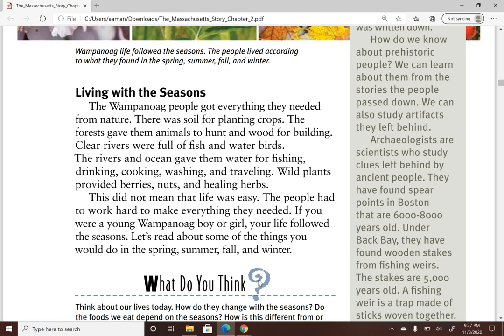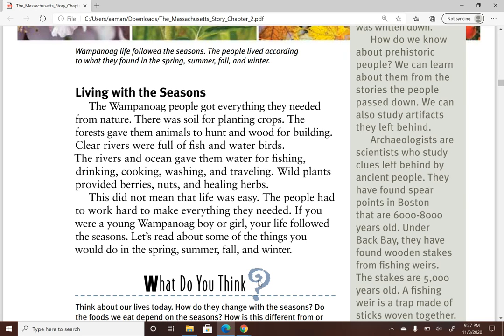Living with the Seasons. The Wampanoag people got everything they needed from nature. There was soil for planting crops, the forest gave them animals to hunt and wood for building. Clear rivers were full of fish and water birds. The rivers and oceans gave them water for fishing, drinking, cooking, washing, and traveling.